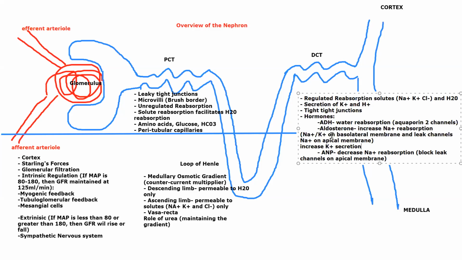So if we increase aldosterone, we're going to put more of these sodium potassium pumps in the basolateral membrane. That is going to bring more potassium into our cell, and then the leak channels are going to bring more potassium into the tubular fluid. So aldosterone is having two effects by these two mechanisms: increasing sodium reabsorption, but also increasing potassium secretion by putting more basolateral sodium potassium pumps and more apical leak channels. That's going to facilitate both of those effects.